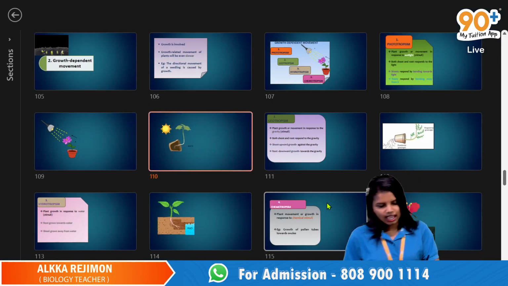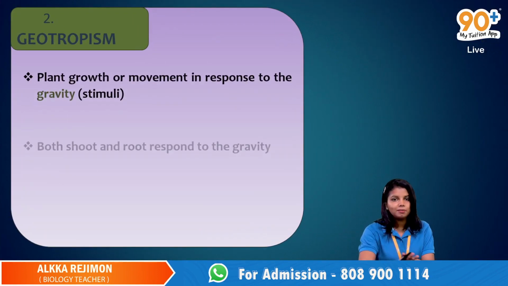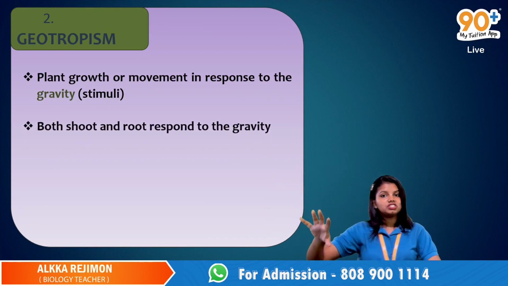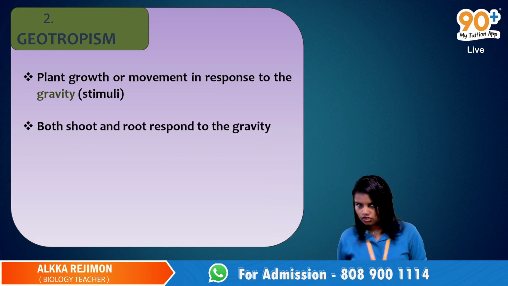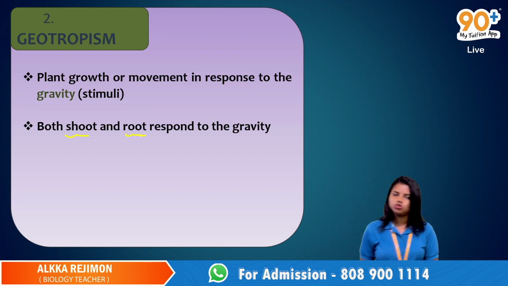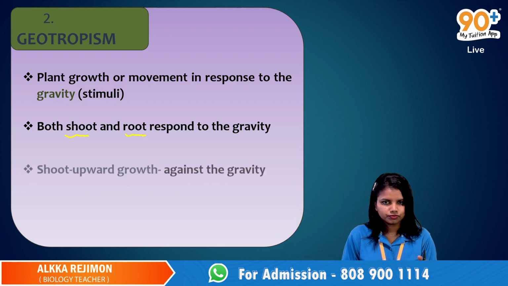Okay, and then you have the geotropism, where the concepts are almost similar but it is different. Let's see. So the plant growth or movement which is in response to gravity. So gravity is the stimuli here. Such movement is called geotropism. So both the shoot as well as the root do respond to gravity just like they respond to light, but the responses are different.